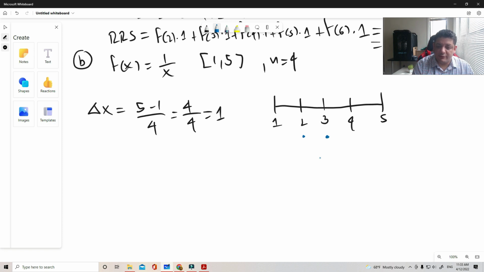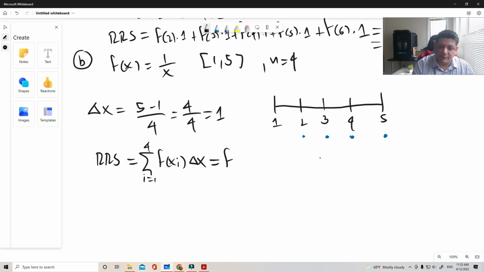So in this case, let's do first the right Riemann sum. And we're going to pick those points for the right Riemann sum. So the right Riemann sum is going to be the sum of f of xi times delta x, and this is going to be for i equals 1 to 4.